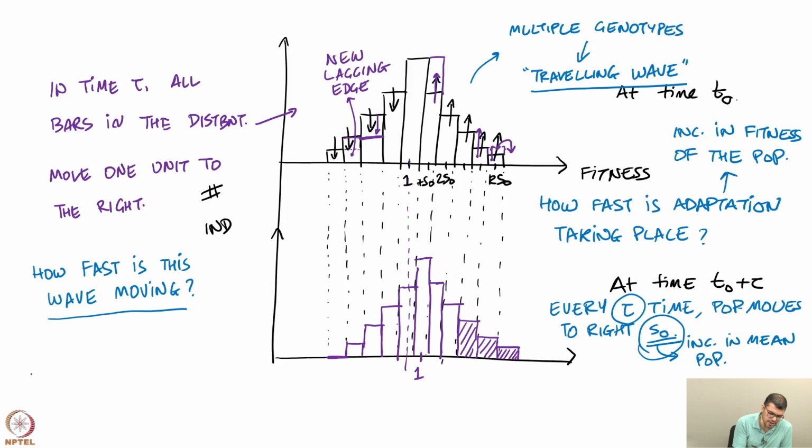So, how fast this wave is moving is simply equal to S0 by tau. S0 is by how much it moved to the right, and tau is how long it took to move to the right. And in the next video, we will do some math and find out if we can derive expressions to estimate the value of tau, and we will continue with this in the next video.